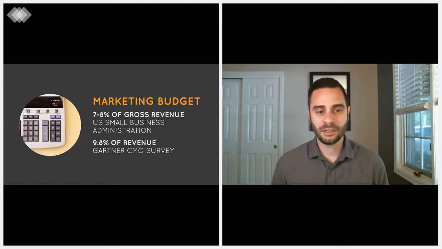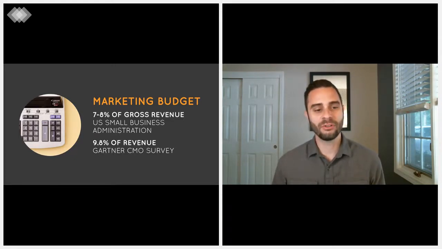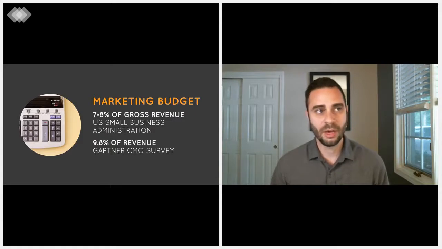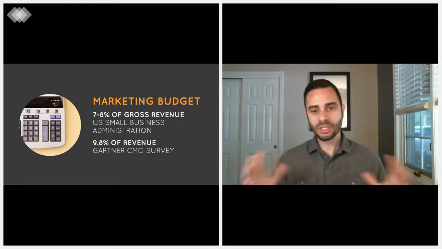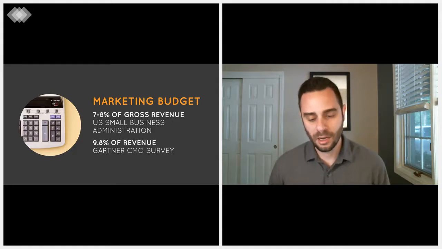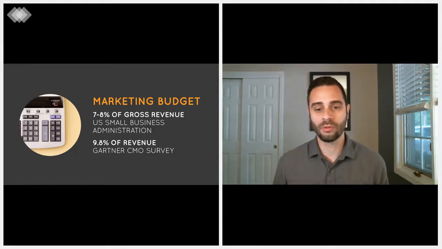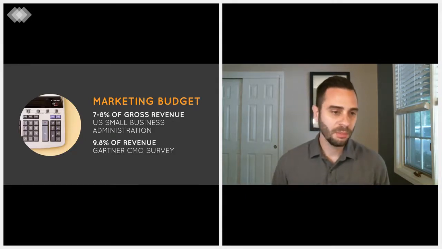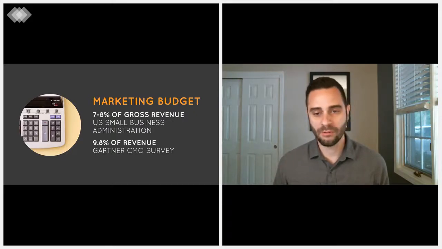Gartner conducted a survey of chief marketing officers, and the average that the CMOs said they were allocating towards marketing was around 9.8% of revenue. So just at a very high level as a benchmark, we're typically seeing recommendations for where your overall marketing budget should be between the 5 to 10% revenue range.